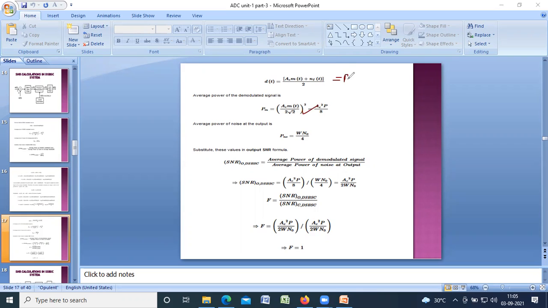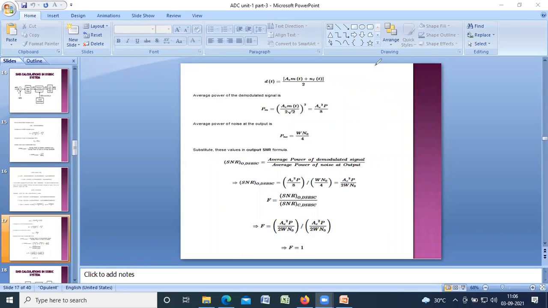That is equal to, I am writing here, AC m of t by 2, and the second is the in-phase component of your noise by 2. You will get this. Verify whether you are getting this power or not. Yes, Arun. Yes ma'am, it is coming.